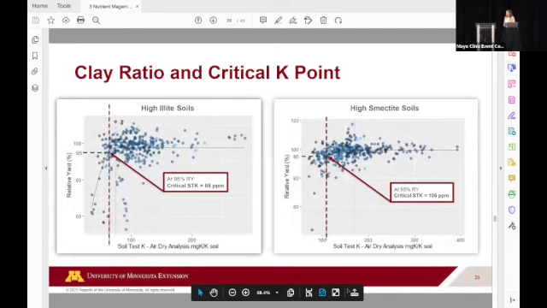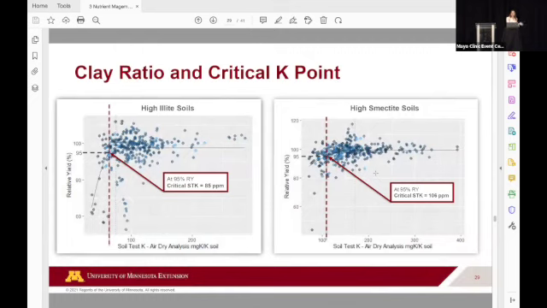So what we did is we used the 3.5 ratio point that North Dakota had used in the past to break apart our database of K response rates by high smectite and high illite soils. High illite soils would be under the 3.5 ratio, and high smectite soils would be above the 3.5 ratio.